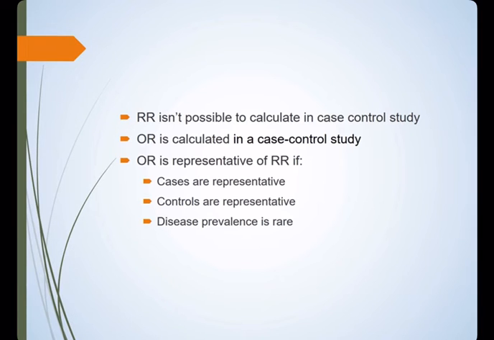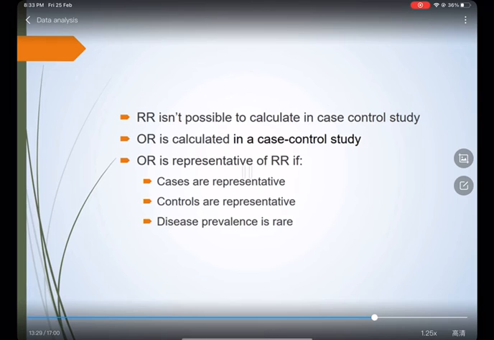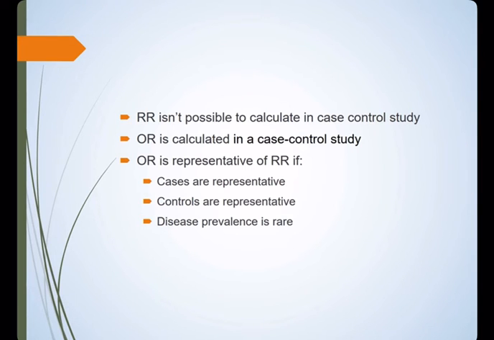Can we use the odds ratio to estimate the relative risk? When the cases studied are representative of all people with the disease in the population from which the cases were obtained, then we can use the odds ratio to estimate the relative risk.